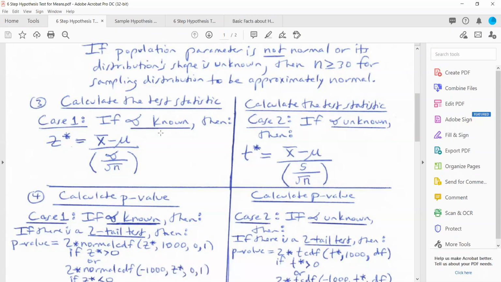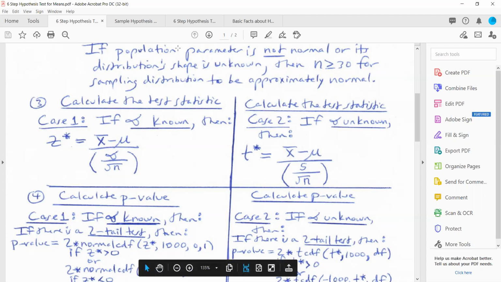If it's known, we use the Z formula, the Z-score formula. If it's unknown, then we use the T statistic formula, the T-score formula right here. You make your decision right here, and the problem says nothing about sigma, it just gives you data. So if a problem just gives you data and there's no mention of sigma, you know you're going to be doing case number 2.